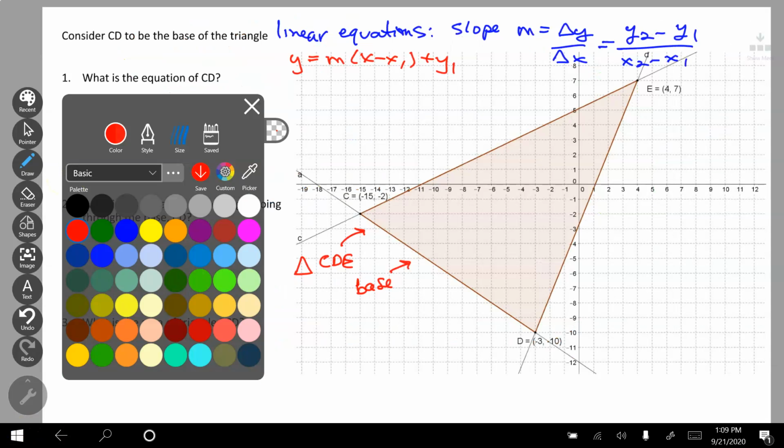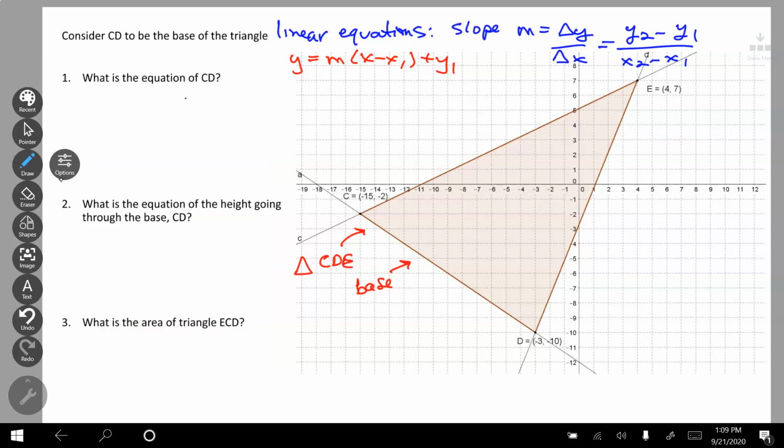Okay, so now we need the equation of this segment CD. Well, first I need the slope of CD, and the change in x is going to be -10 minus a -2 over a -3 minus a -15.